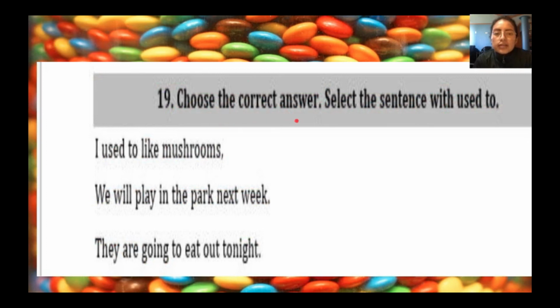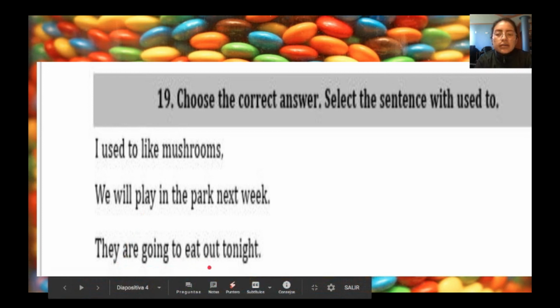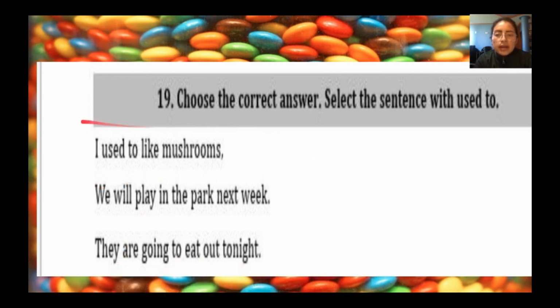Choose the correct answer. Select the sentence with used to. I used to like mushrooms. In this case, we will play in the park next week. They are going to eat out tonight. Number 1 is correct. Why? Because the sentence is using used to.